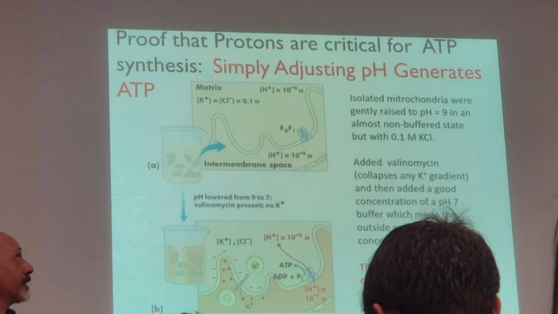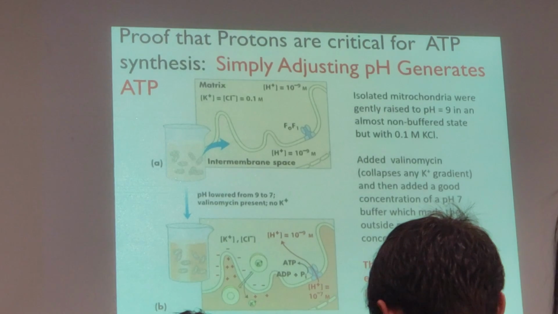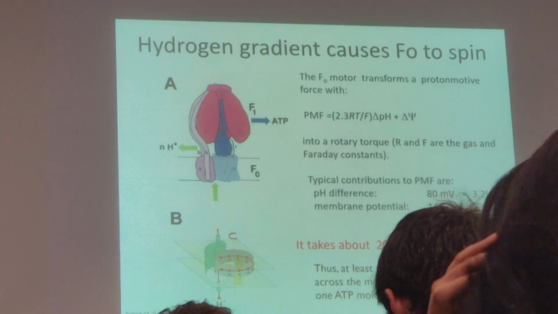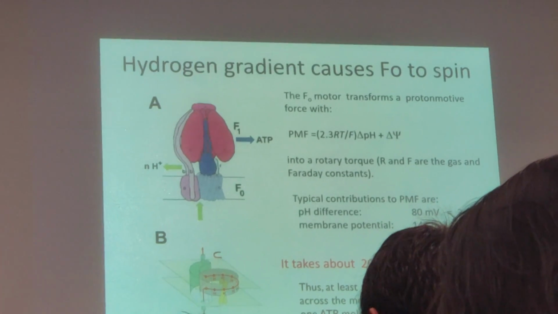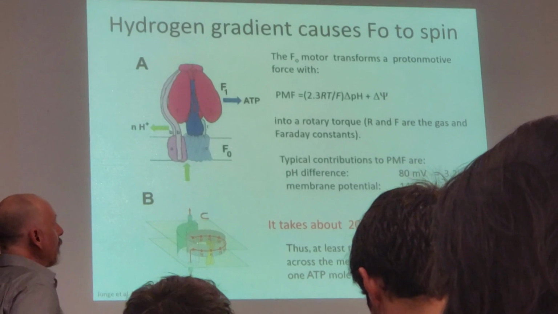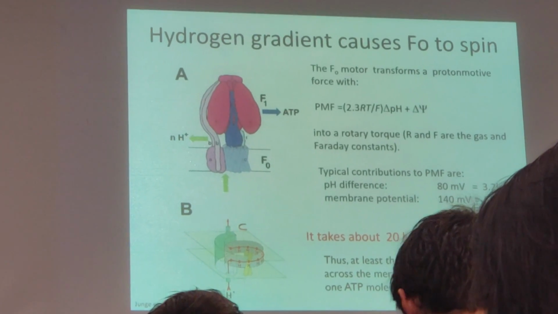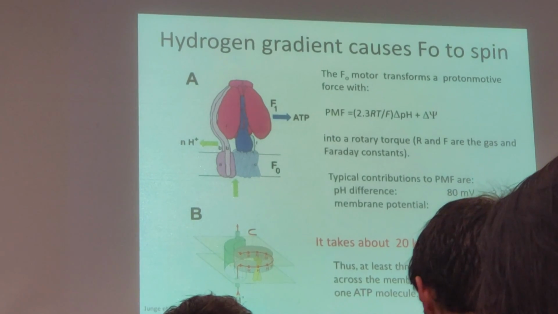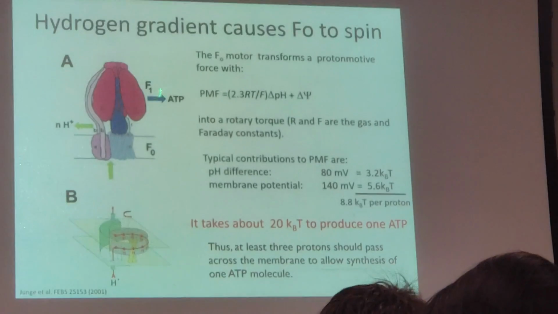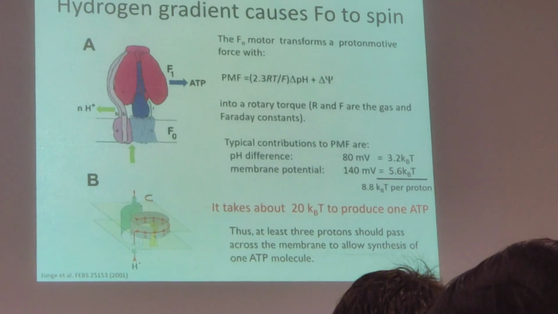I mean, a clever experiment. So the whole fundamental deal with the proton motive force is it has this pH component, outside versus inside. It also has this membrane potential component, or delta psi. And all that is being used ultimately to drive the F1 synthesis.